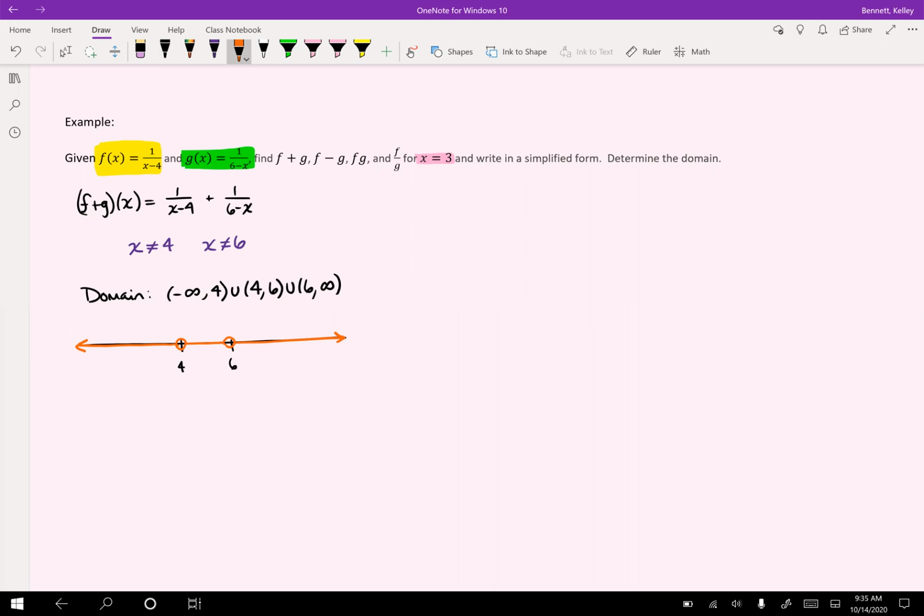So this number line here in orange is equivalent to the interval notation right above it. All right, so let's go ahead and compute f plus g of 3. So that's going to give me 1 over 3 minus 4 plus 1 over 6 minus 3.